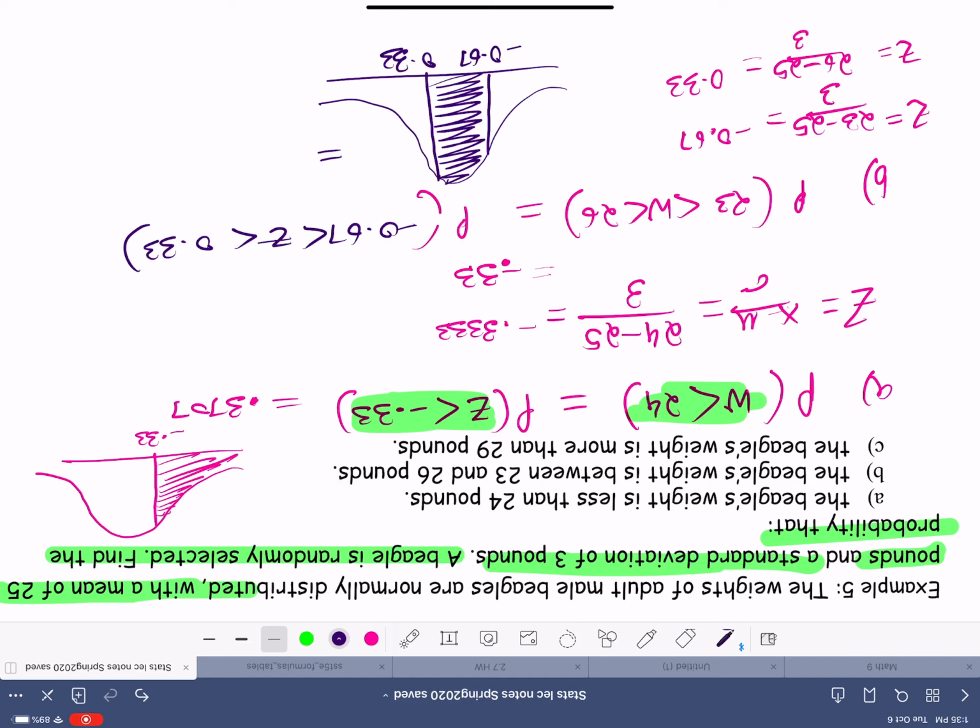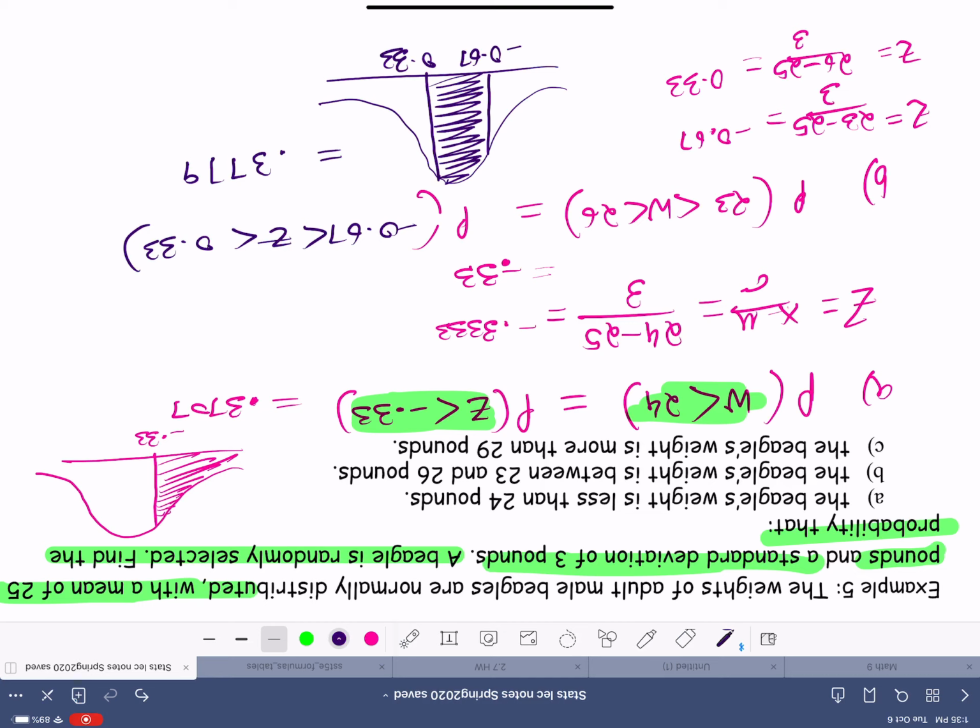Or if you're using a calculator, we would put the lower bound as negative 0.67 and the upper bound as 0.33. That's going to leave us with 0.3779.